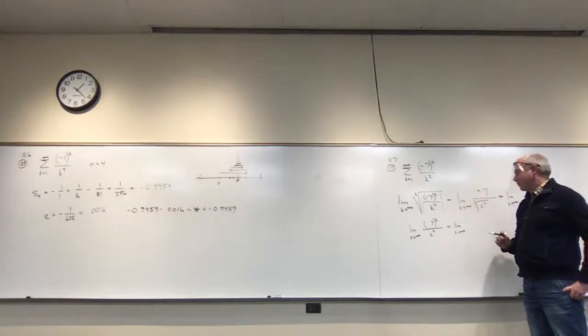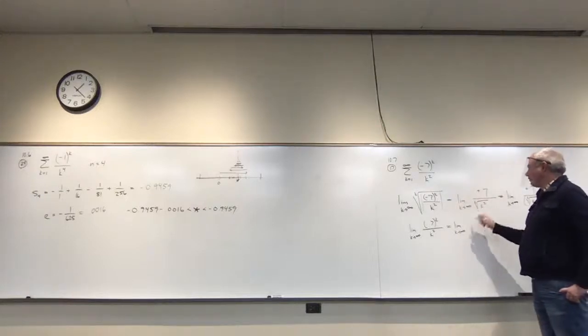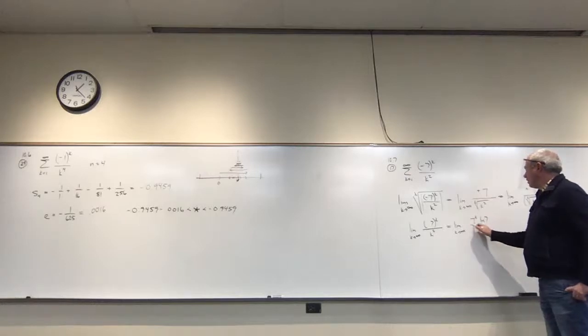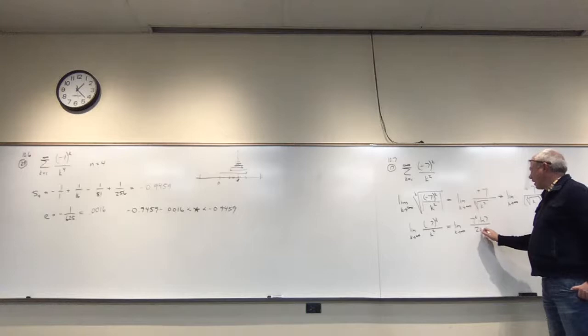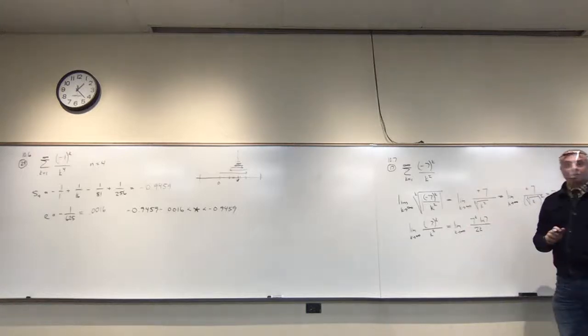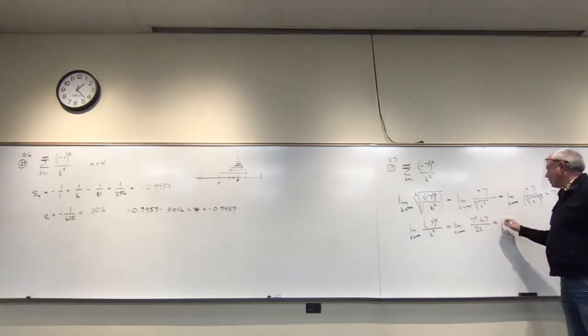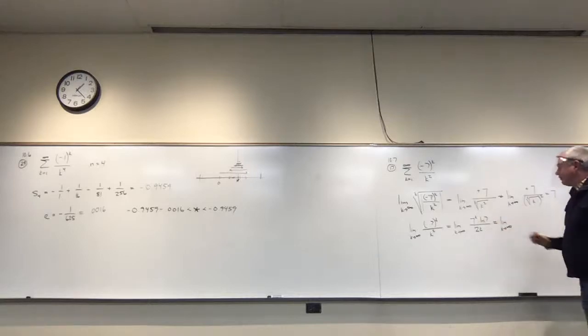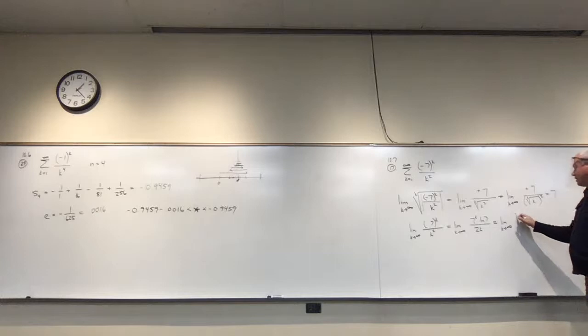And I can take the derivative of the top and bottom. The derivative of the top is 7 to the k times ln of 7. The derivative of the bottom is 2k. I'm still getting infinity over infinity, so I could do it again, and I get the limit as k goes to infinity of the derivative of the top, now 7 to the k times ln of 7 quantity squared.